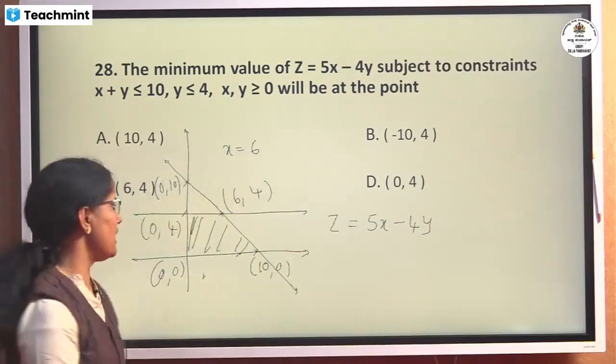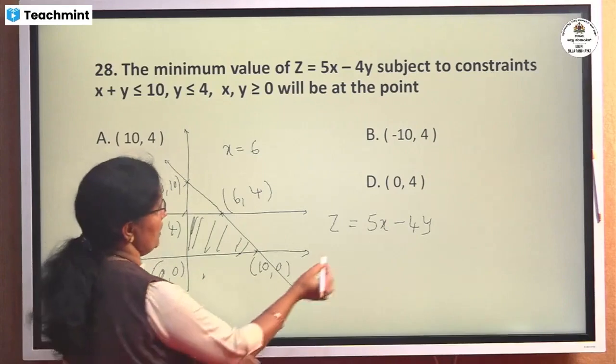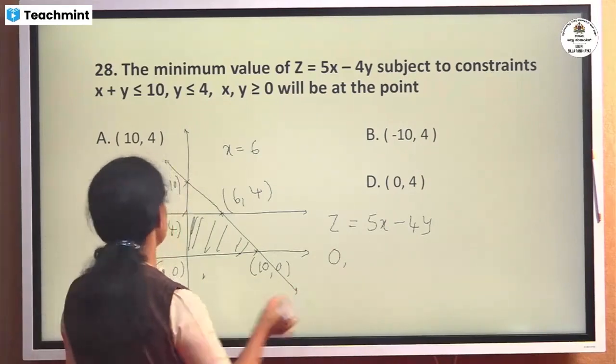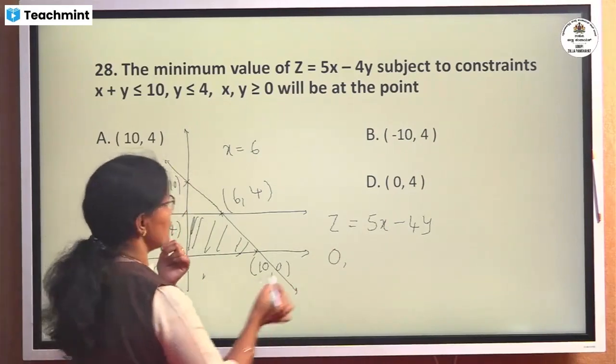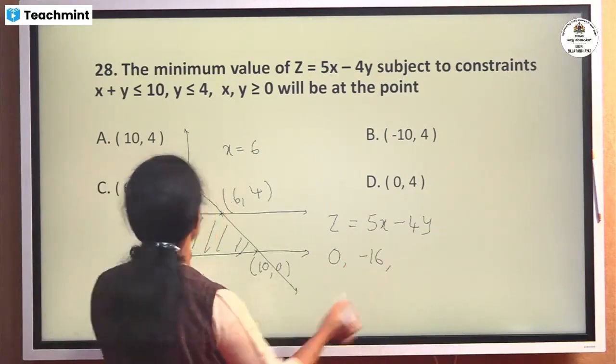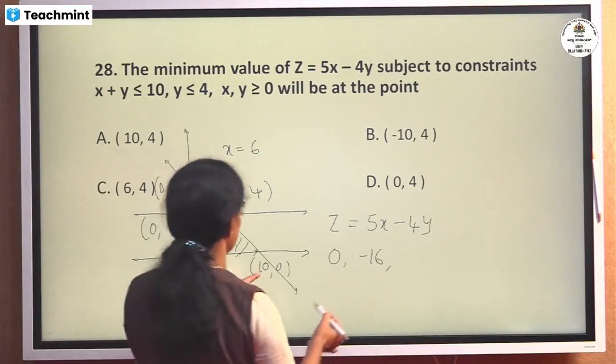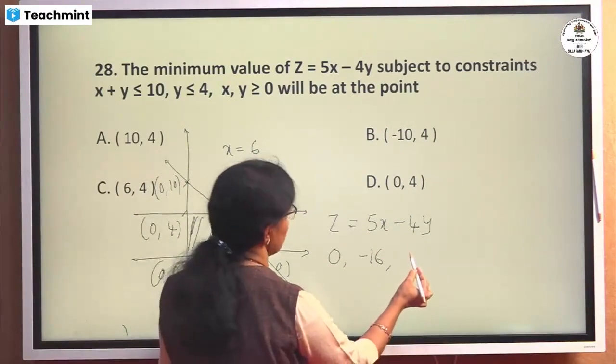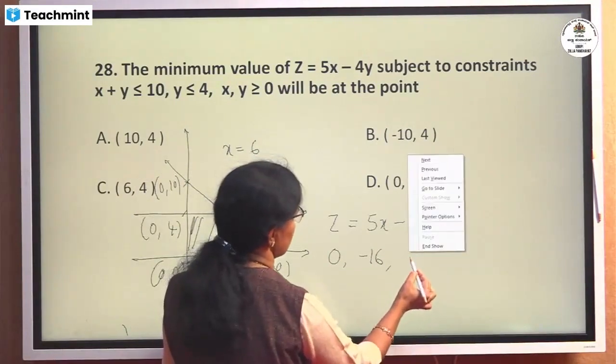Check this value at these points. At 0, 0, the answer is equal to 0. Don't go for that. So 0, 4 means minus 16 will be the answer. And then 10, 0 means 50 will be the answer.